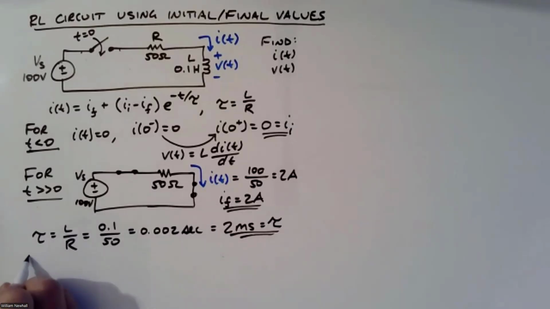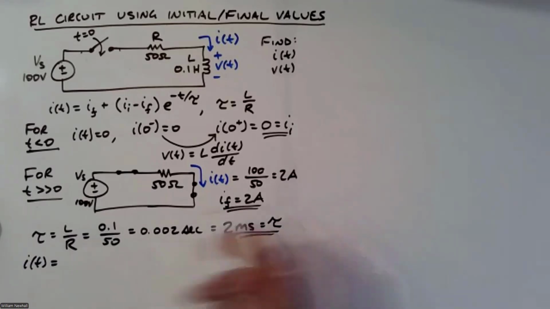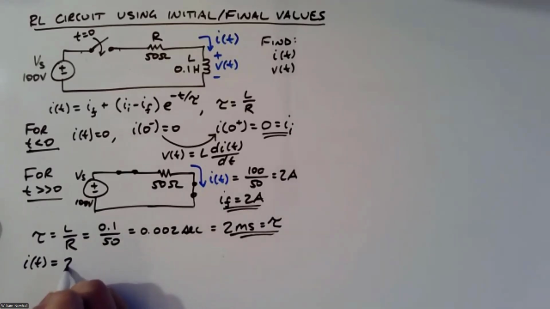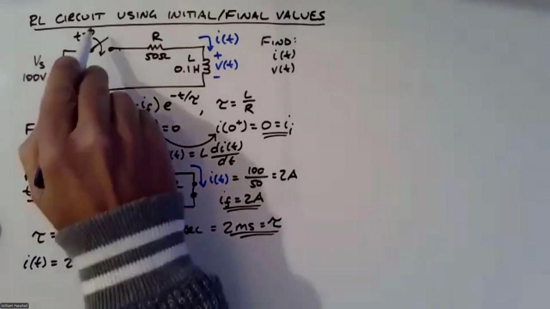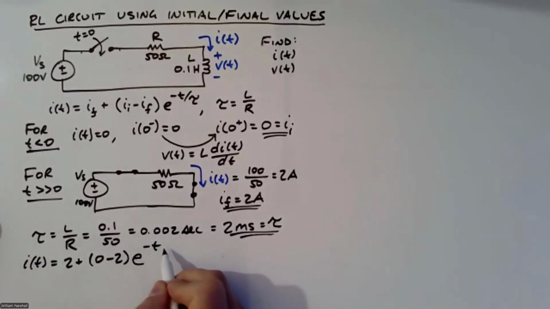So i of t equals I_F, what was that? 2, plus I_I minus I_F, 0 minus 2, times e to the minus (t minus t naught), but t naught is 0. e to the minus t over tau, 0.002.